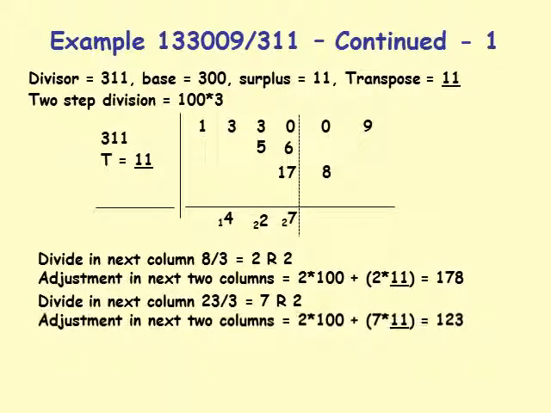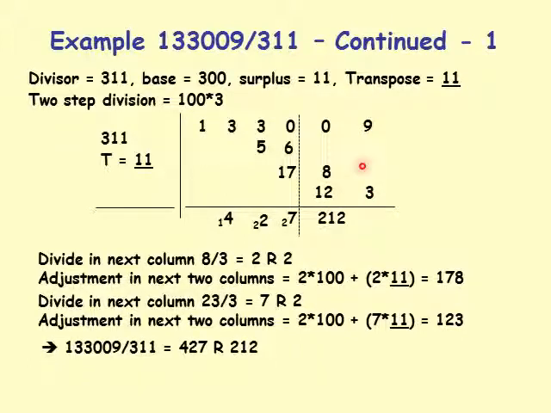Okay, let's continue here. Now the adjustment for the next two columns: for the remainder it is 2 times 100. 100 is proportionality. This 2 is the proportional remainder. And for the quotient 7, it is 7 times the transpose, which is 7 times negative 11, and it's 123 for the next two digits. That's 12 here and 3 here, 123.